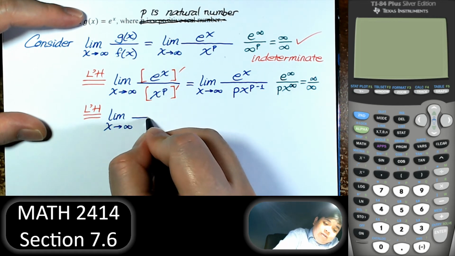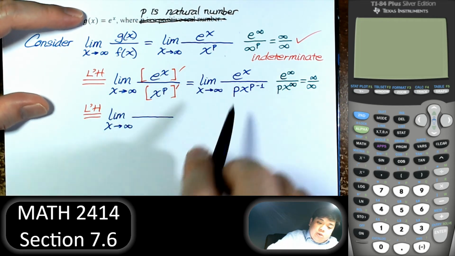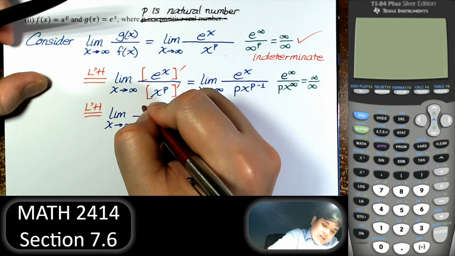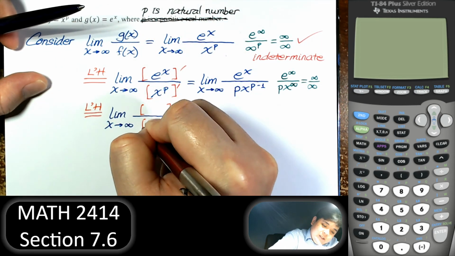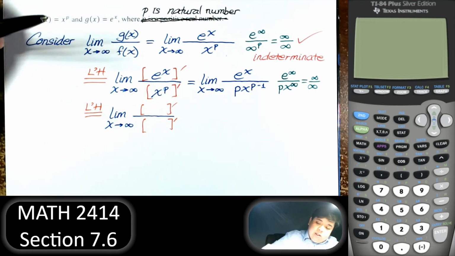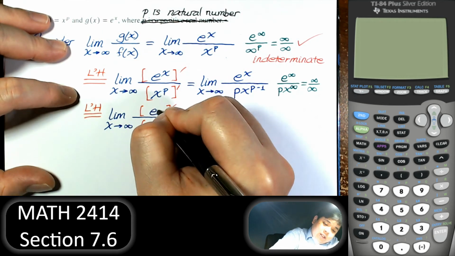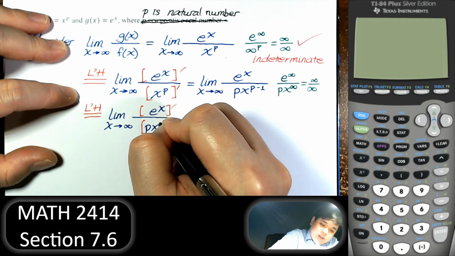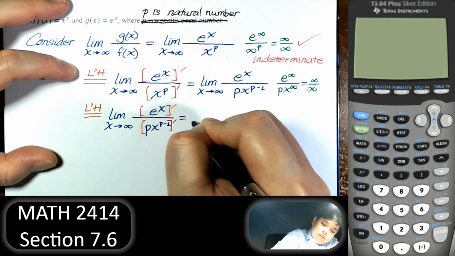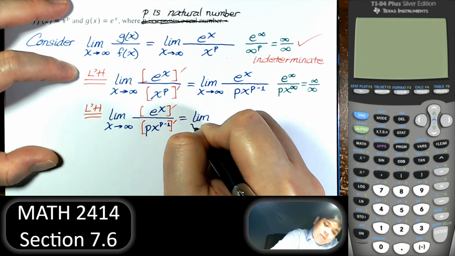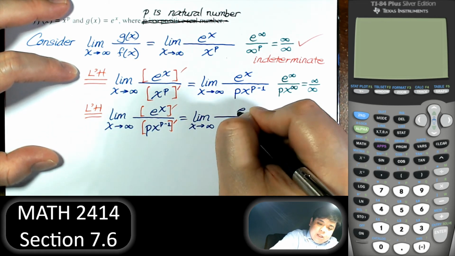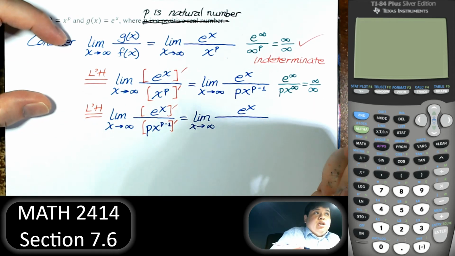So we'll take the derivative again. The derivative of e to the x is still e to the x.